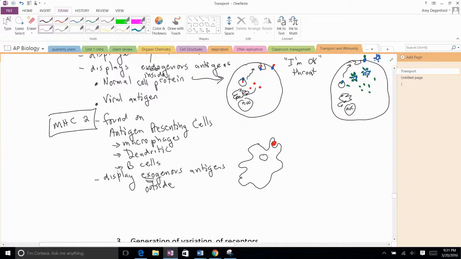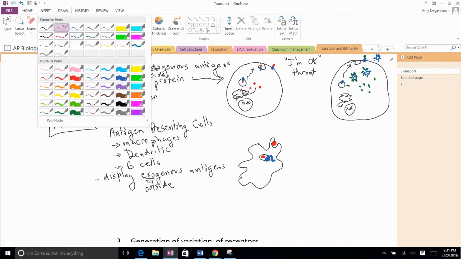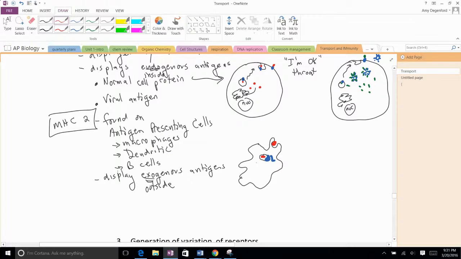And then it's going to be digested by a lysosome. And as it's digested by the lysosome, there's our little lysosome, and into all of its parts. And some of those parts would include those viral or pathogenic antigens.